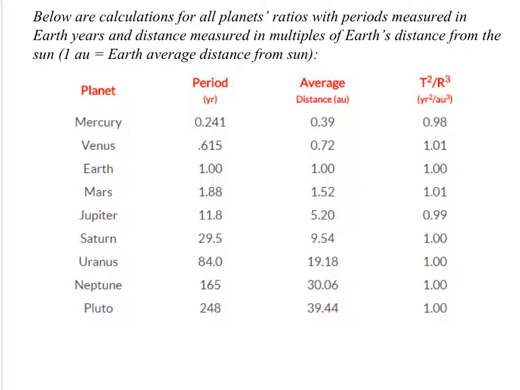But what you'll recognize is for all of these values, if you take the period value and square it, and then divide it by the average distance cubed, you'll get a constant value for all of these planets. So if you're on Earth or one of the solar system's planets, you can do this for any values, for any unit you want. So I have these in years and AUs.